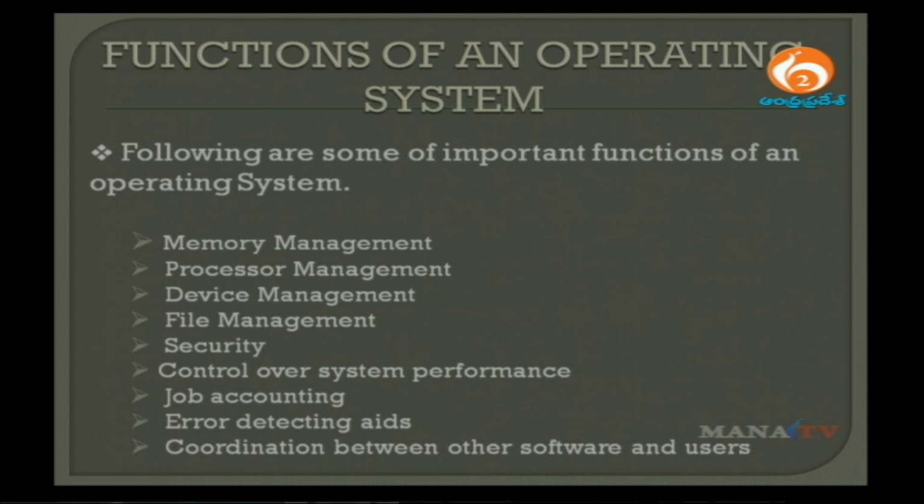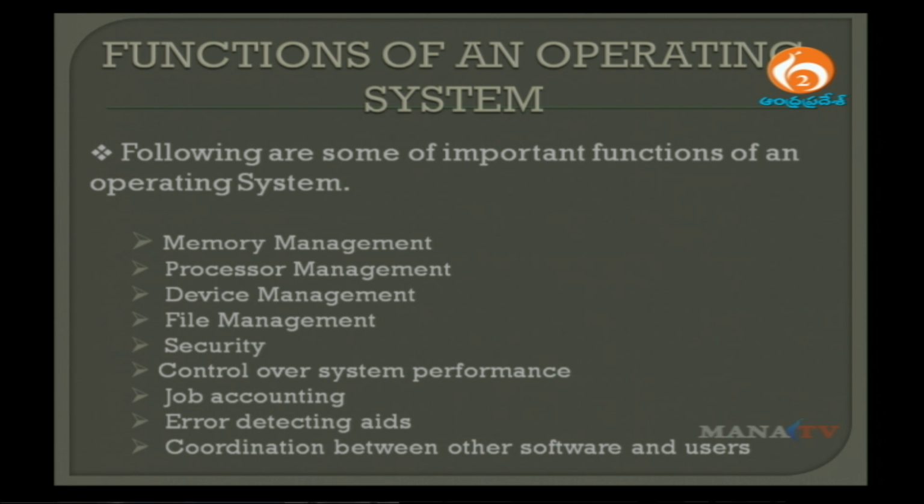Yes, I have said that it is the interface between the user and the hardware. So, when I speak about the interface, what all do we have in the interface? If you are writing, keep the heading of interface of an operating system, and under it put all these points: memory management, processor management, device management, file management, security, control over system performance, job accounting, error detecting aids, coordination between other software and users.